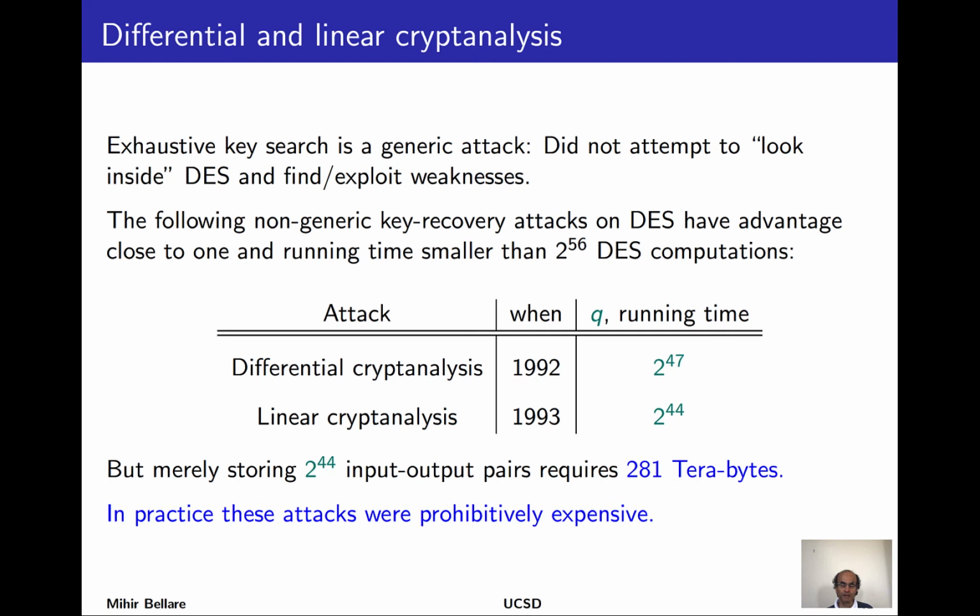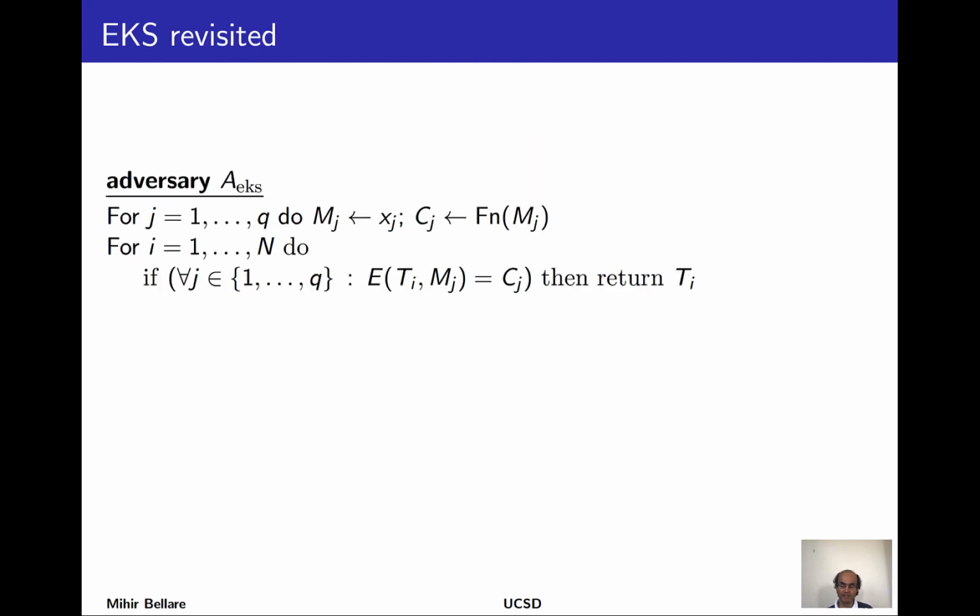All right. But as we know, it wasn't, in fact, continued much beyond that. So let's ask why. Let's go back to exhaustive key search. I claim that when we analyzed its running time, we made a mistake, or at least we failed to account for something which makes a drastic difference. We said correctly that the running time is effectively the number of DES operations you perform.